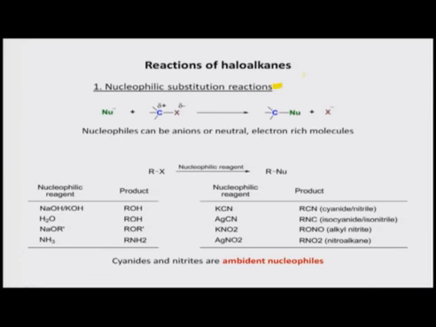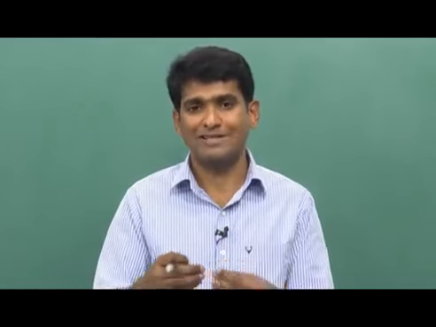A nucleophile is a species that is normally negatively charged, that means they are anions, or they could also be neutral compounds with a high density of electrons present in them. For example, if you take ammonia, which is a neutral molecule, you know that there are lone pairs of electrons on nitrogen, so ammonia is a nucleophile. It has those electrons that are ready to react with positively charged compounds.